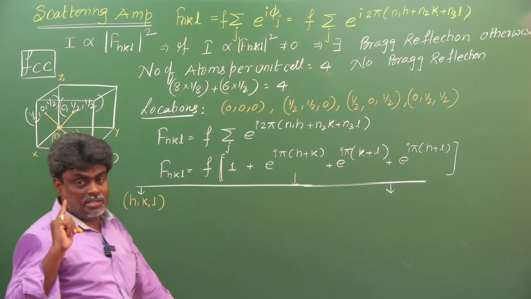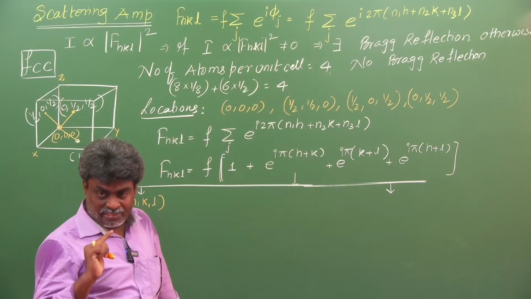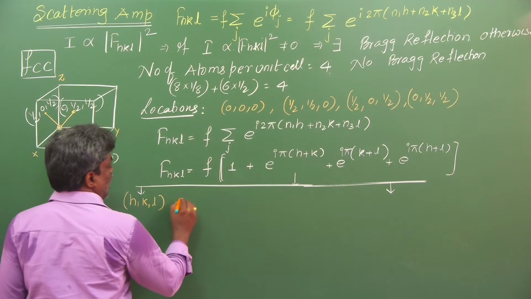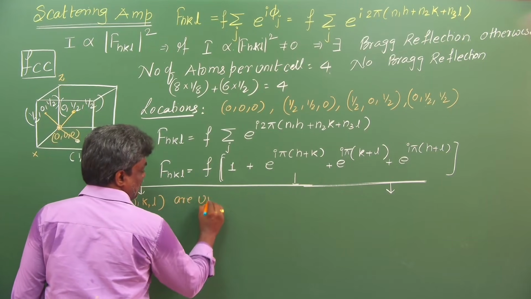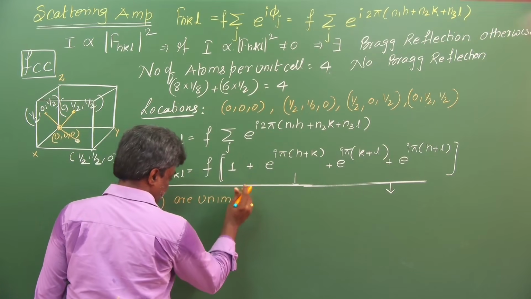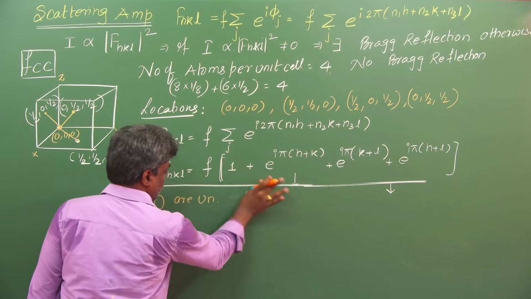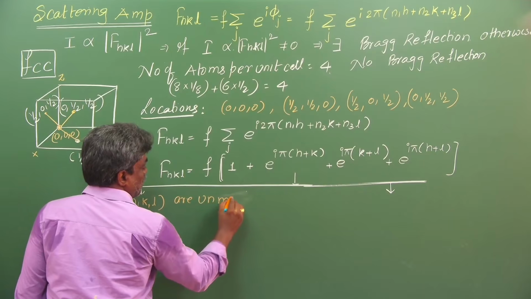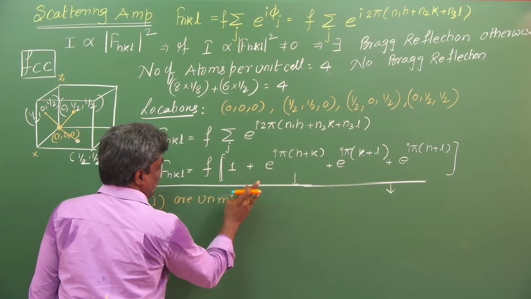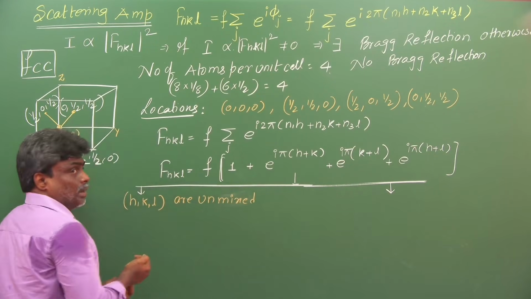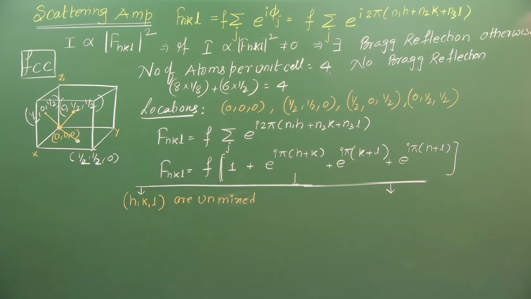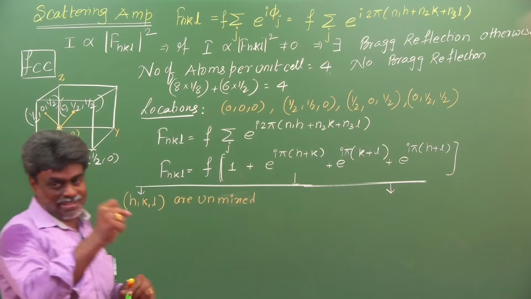BCC we have taken, h plus k plus l is even. Now hkl are unmixed. What is this unmixed, sir? See, it means either all are even or all are odd, but not a mix.